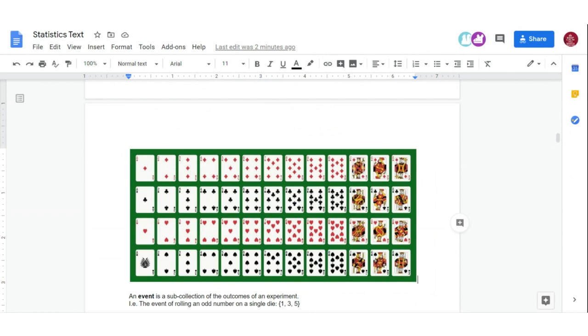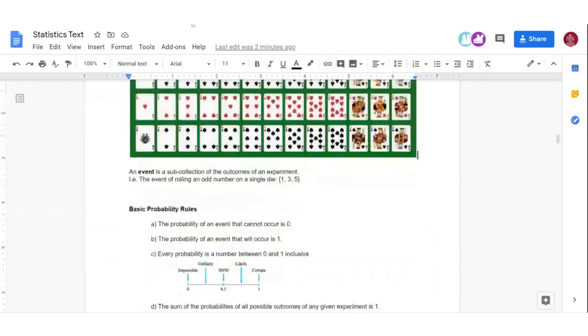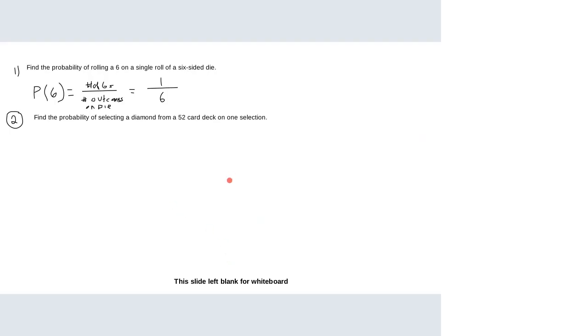But anyway, let's go back to our example and answer this question. So we want to select a diamond. Now, as we hopefully saw over there, there are 52 cards. That's why they call it a 52 card deck.